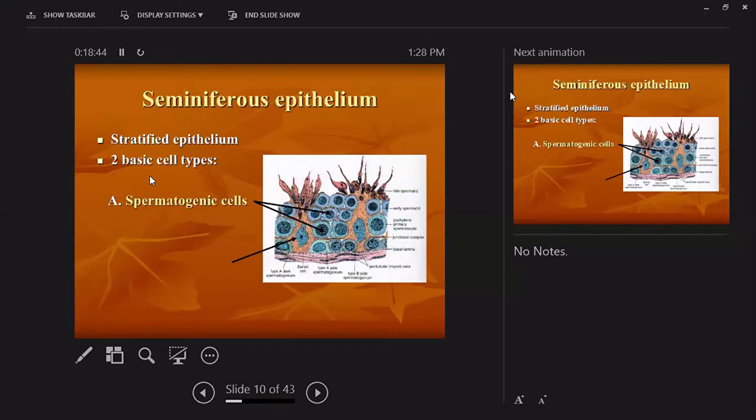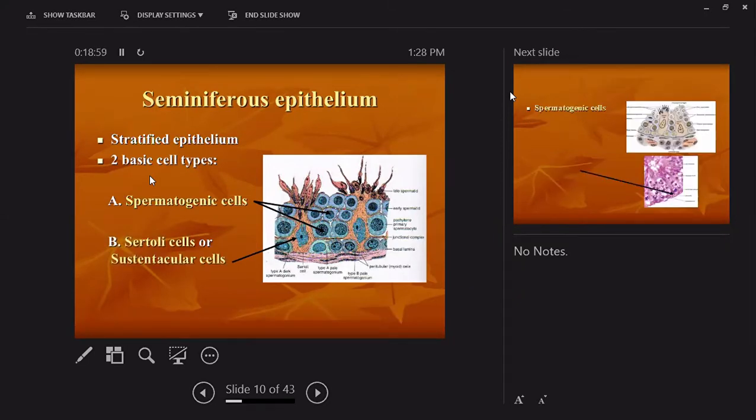You have the spermatogenic cells, which develop into spermatozoa later on, and the Sertoli cells or sustentacular cells.